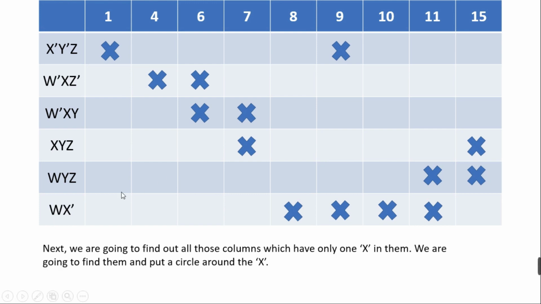Our next task is to find all those columns which have only one X in them. There are different columns: 1, 4, 6, 7, 8, 9, 10, 11, 15.